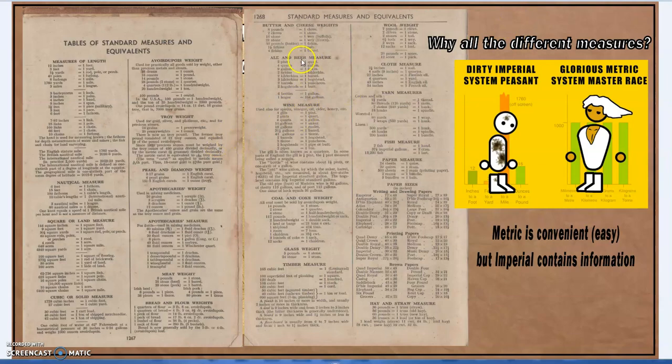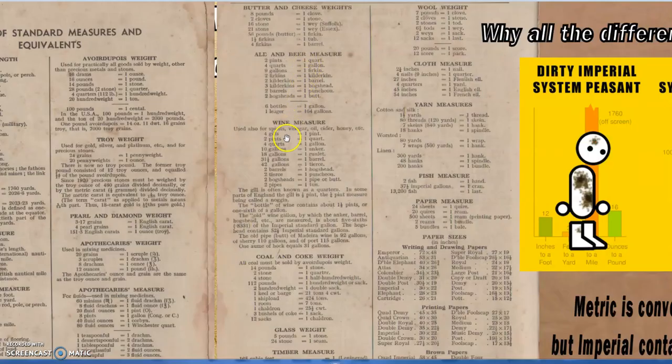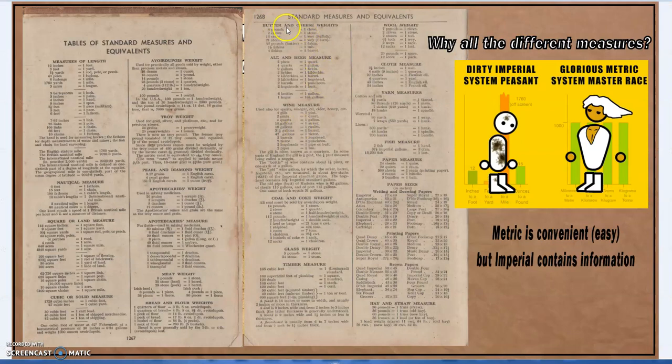There were different scales for measuring ale, wine, butter and cheese, wool, cloth, yarn. They all had different measures, but that was an important feature, because if you use the same measure for everything, it doesn't describe the reality of life. So for instance, a pound, we'll explain that a little bit more, but different products had different measures.